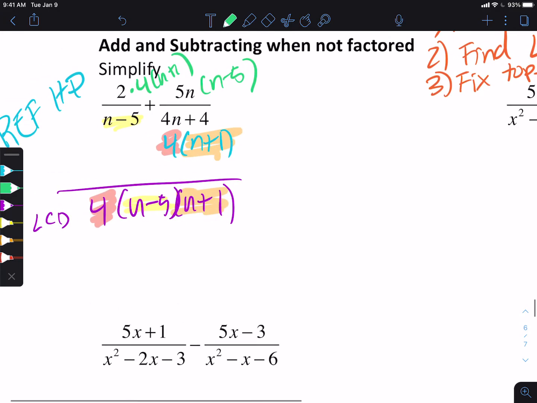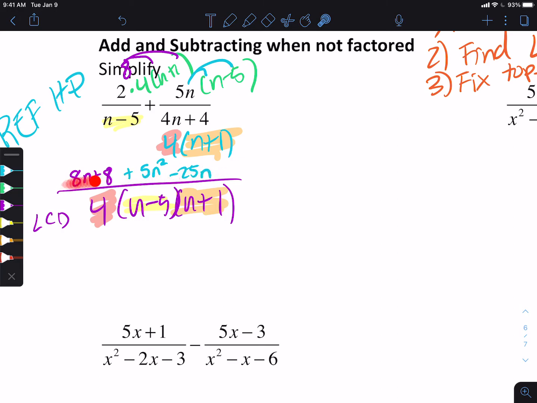When I look here, I can take the 2 and the 4 and multiply those and do the 8 times the n plus 1. So then that gives me 8n plus 8. And then I do the 5n times these two. So I get plus 5n squared minus 25n. Notice this was adding, so I didn't need to worry about distributing my negative.